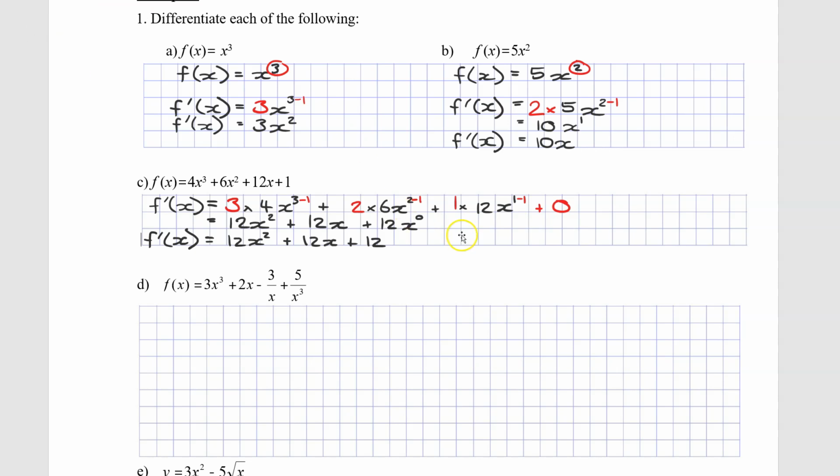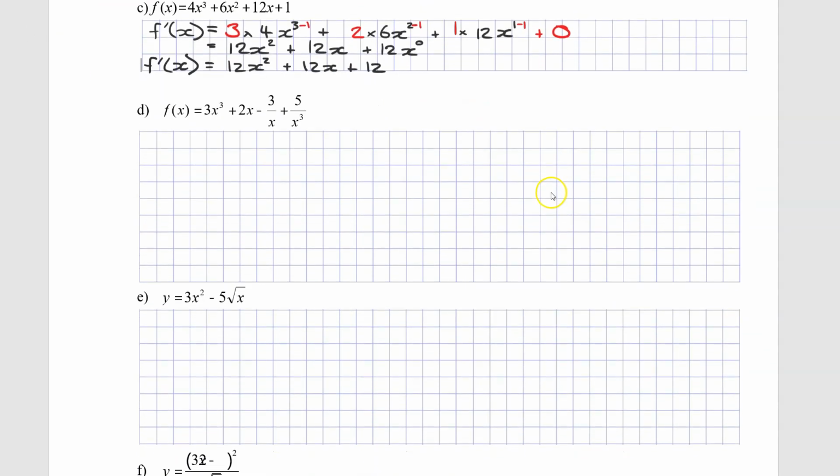Alright, going on to something a little bit more tricky. We've got f of x equals 3x cubed plus 2x minus 3 over x plus 5 over x cubed. Now we might immediately be distressed when we see these x's on the bottom, but let's just keep in mind that we know our index laws, and our index laws will allow us to make easy work of this.